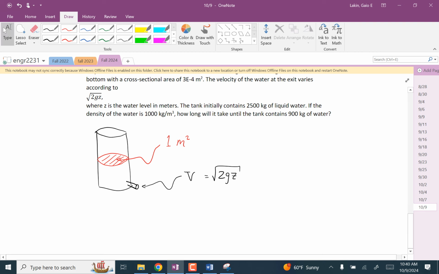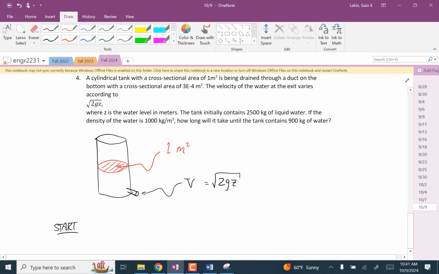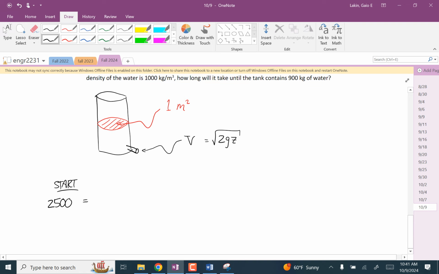Okay, so at the start, we know that we have 2,500. That's equal to the volume times the density, which is the area times the starting height times 1,000.